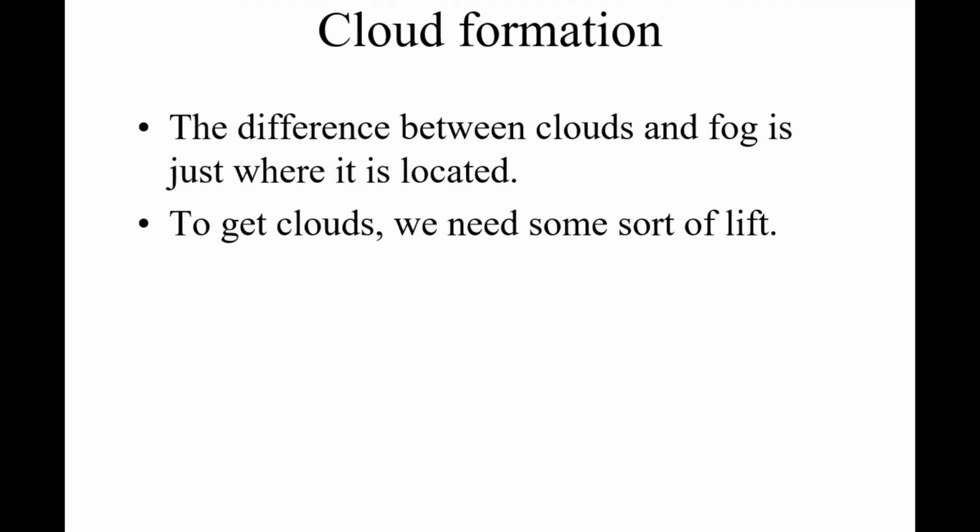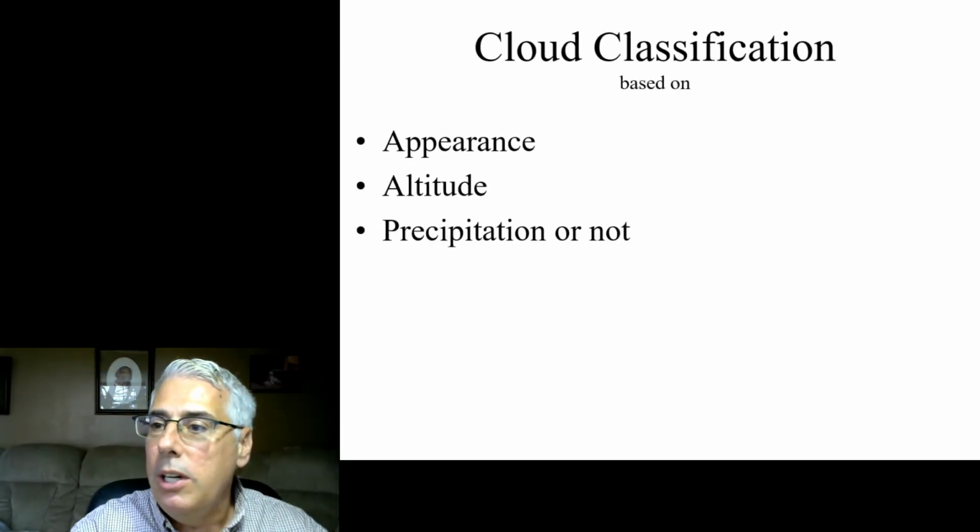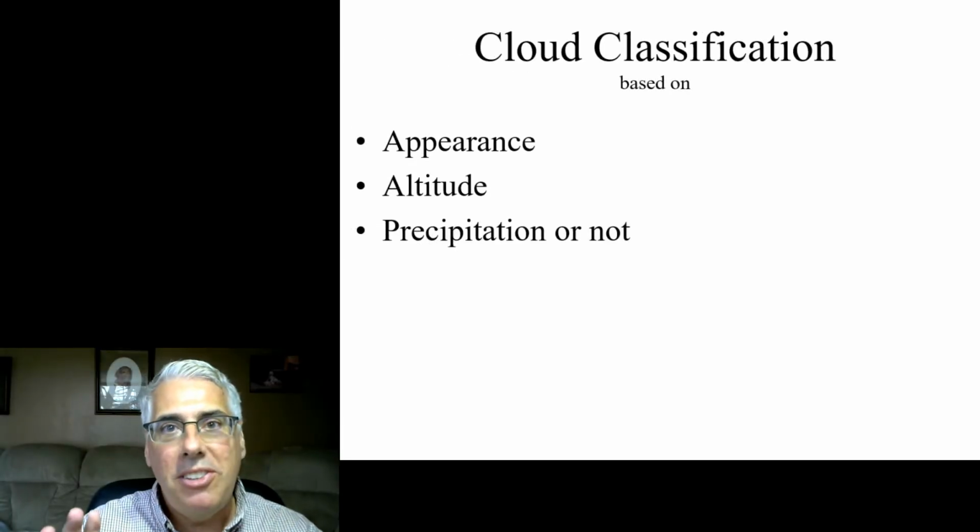So let's take a look at the classification of clouds, and that's what today's conversation is about. Cloud classification came from a chemist named Luke Howard. He was a pharmacist and a chemist.